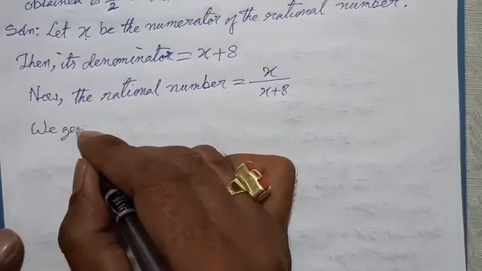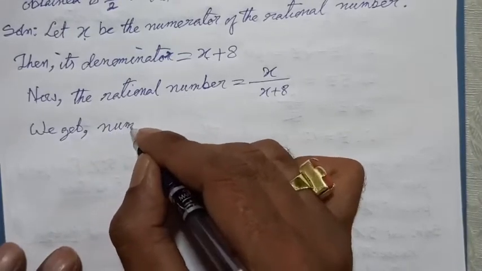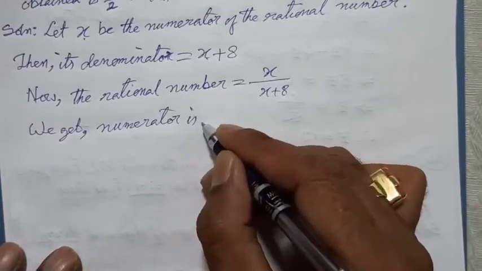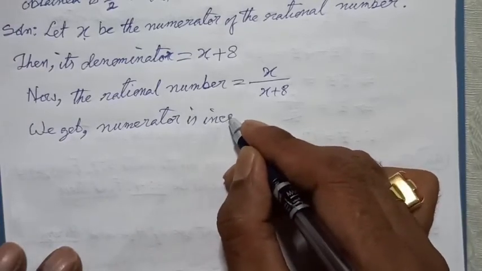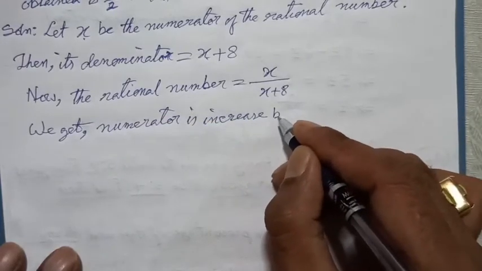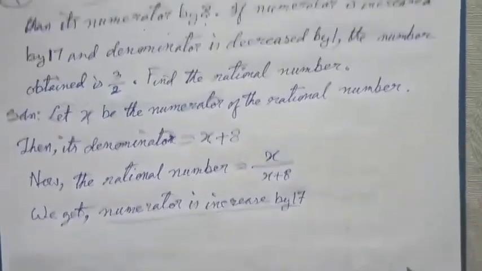Numerator is increased by 17. Actually this is from the question.